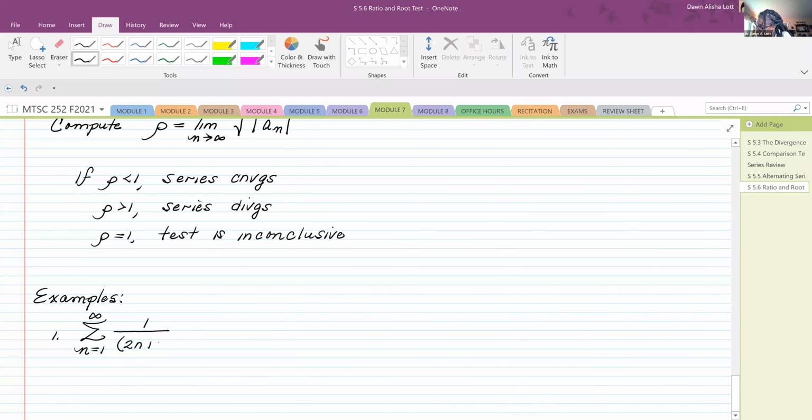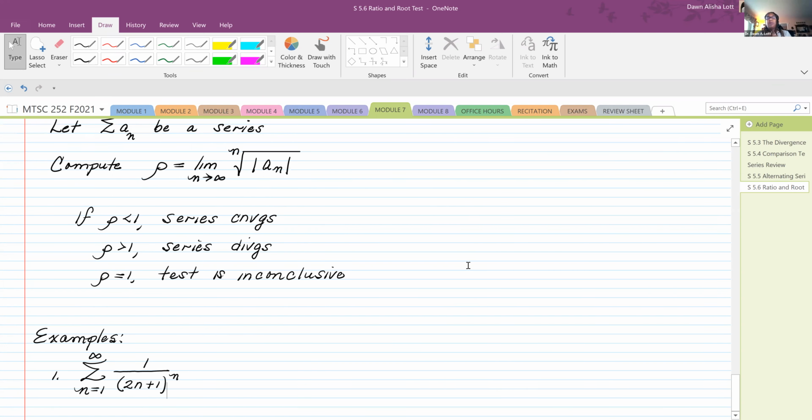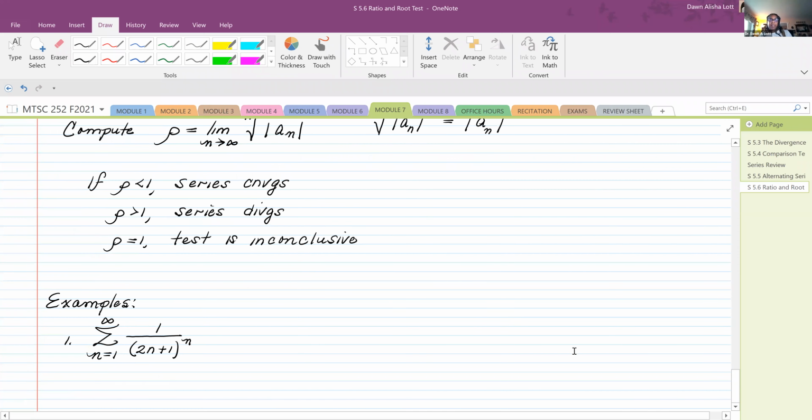Now remember, the nth root of a_n is the same as saying the absolute value of a_n to the 1 over n. So either one of those, however you want to write it, whatever makes it best for you.